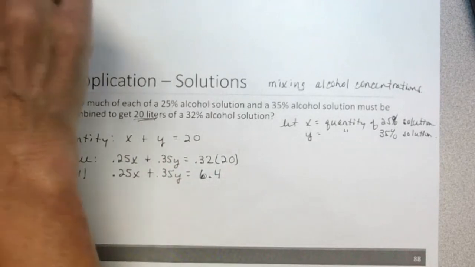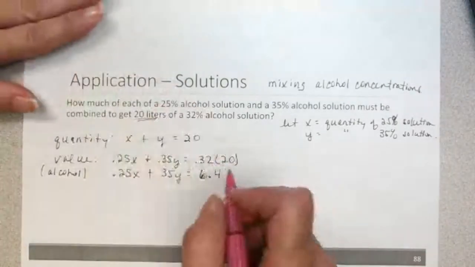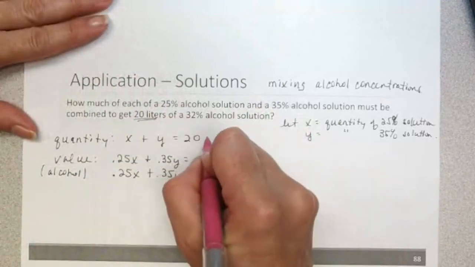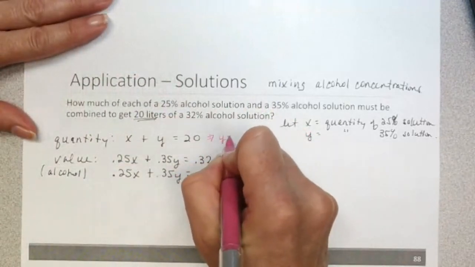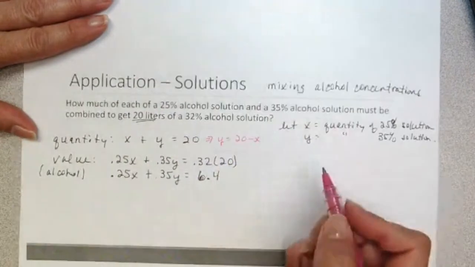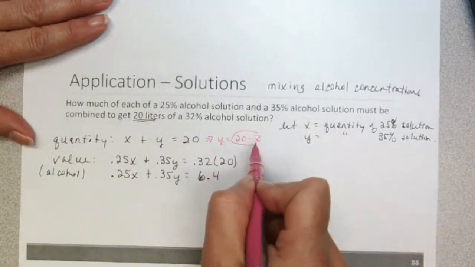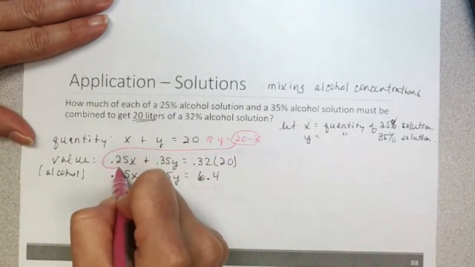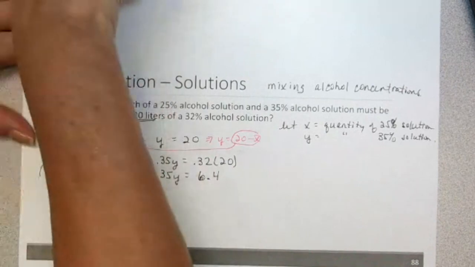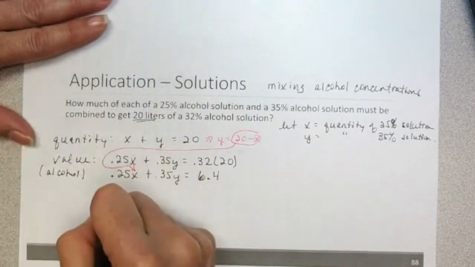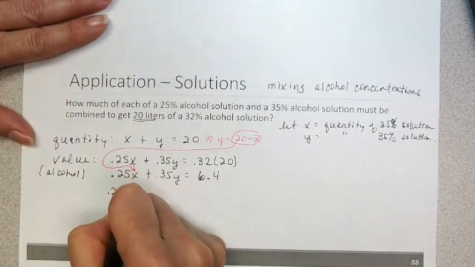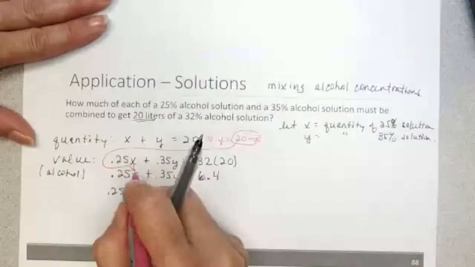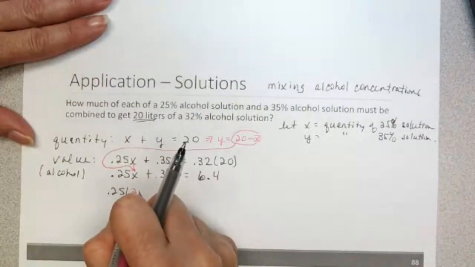Yep, now we can just solve by substitution the same as we've been doing. Works very nicely, doesn't it? Which one? Oh, it doesn't matter. Y is 20 minus x. Okay, let's put that into the second equation. So 0.25 times 20 minus x.